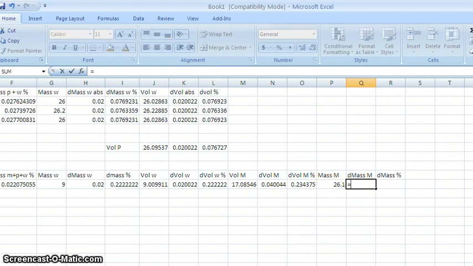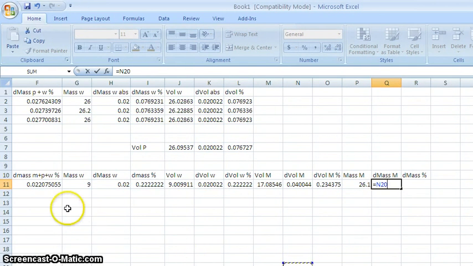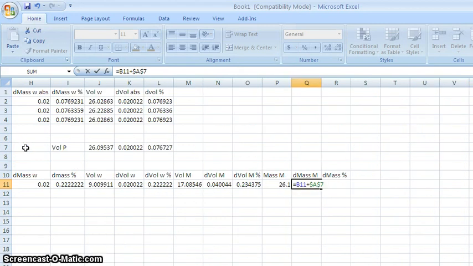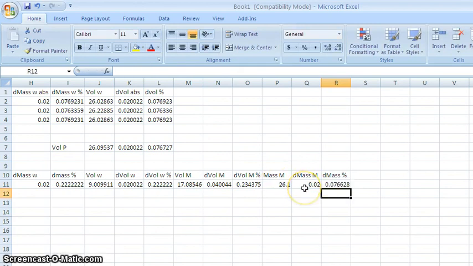So it equals the uncertainty in the mass of the metal plus pycnometer plus the average uncertainty in the mass of the pycnometer. Again, there's only one value for this, and I want to lock that for my fill down, so I'm just going to hit F4 to lock. And it puts it in there, and now I've got the mass of the metal is that value. The percentage, again, I can just use by figuring out what percentage this is, times 100.